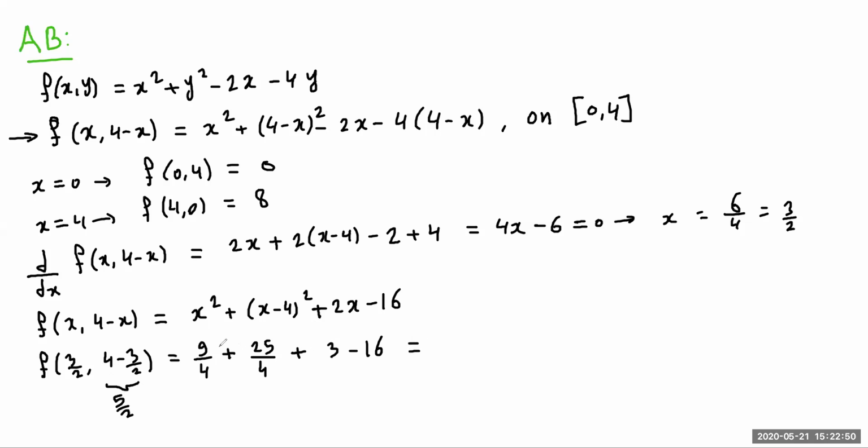So the addition of 9 plus 25, 34, 34 over 4 minus 13. Okay, we can write 34 over 4 as 17 over 2, so it's 8.5 minus 13.